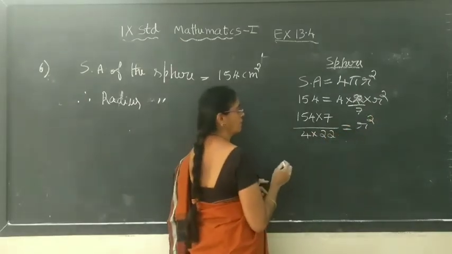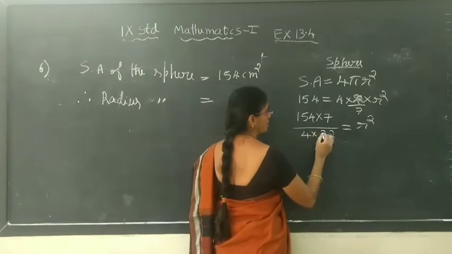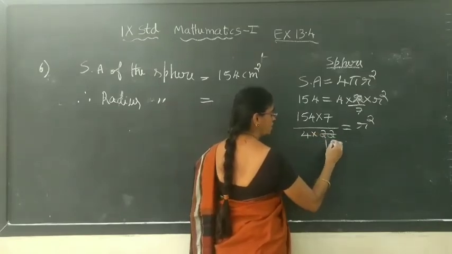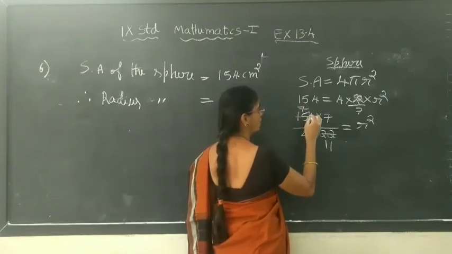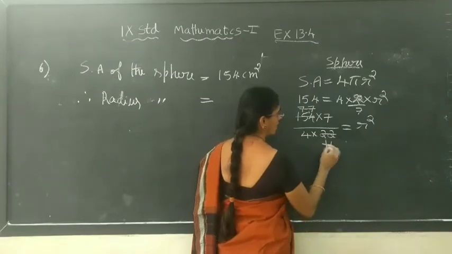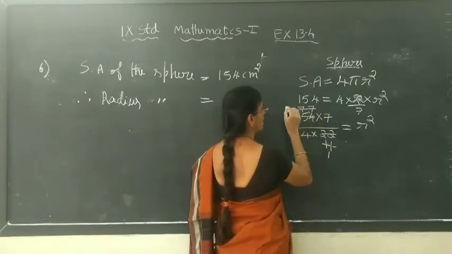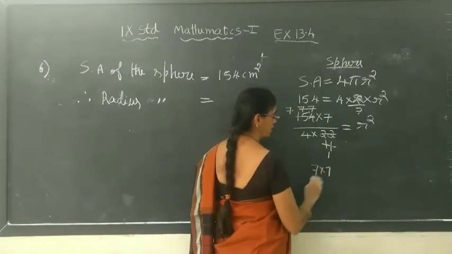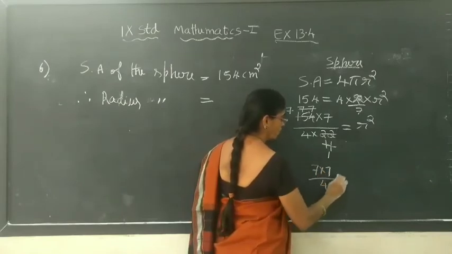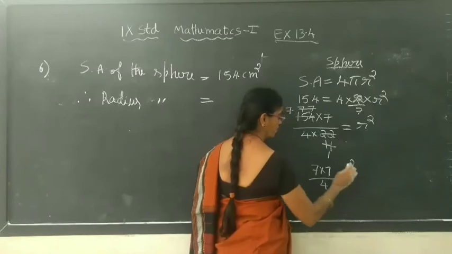Now it is simplified, divide. 2 ones are 2, 2 sevens are 14, 1 remaining, 14, 2 sevens are 14. 11 ones are 11, sevens are 77. So it is 7 into 7 by 4 is equal to r square.